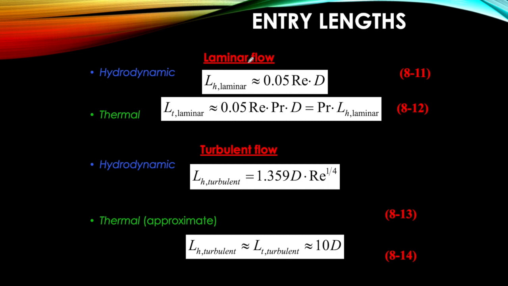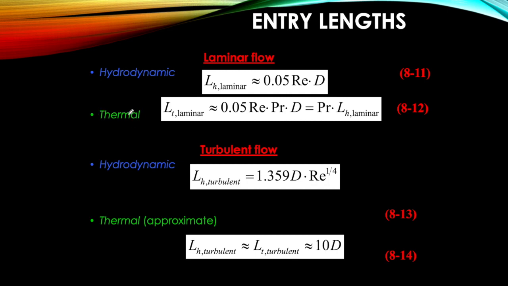For laminar flow, when you calculate your Reynolds number and you get laminar flow, then you can use this equation, and it depends on what type of region you want to find, either hydrodynamic or thermal entrance region.